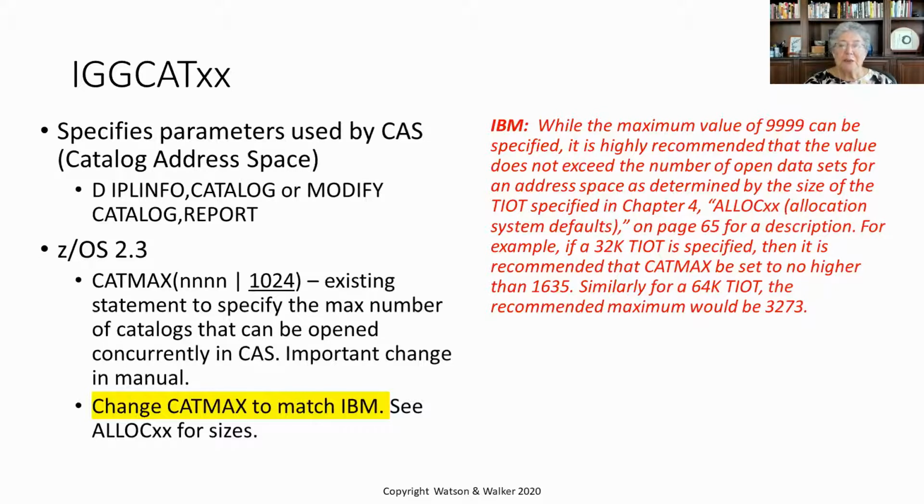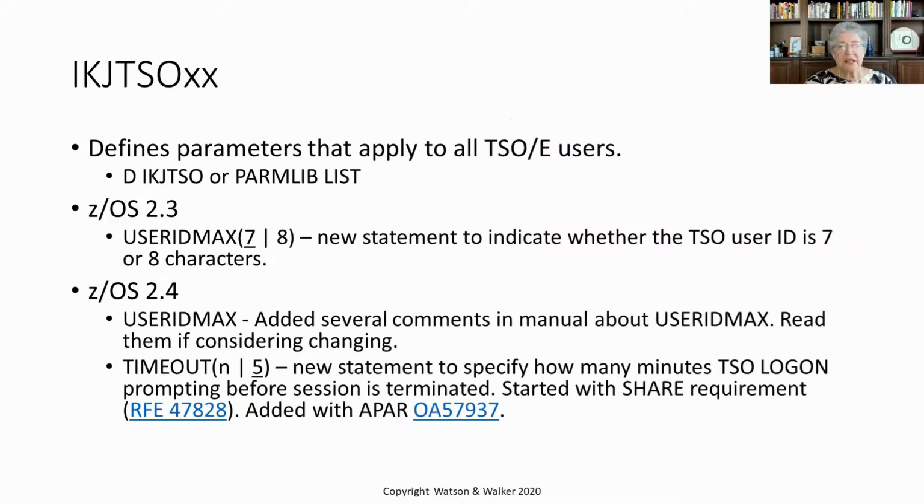So if you specify a 32K TIOT, then in the ALLOC member, it says, don't set this any higher than 1635. So do this to match IBM's recommendation. And what you'll save is some memory.